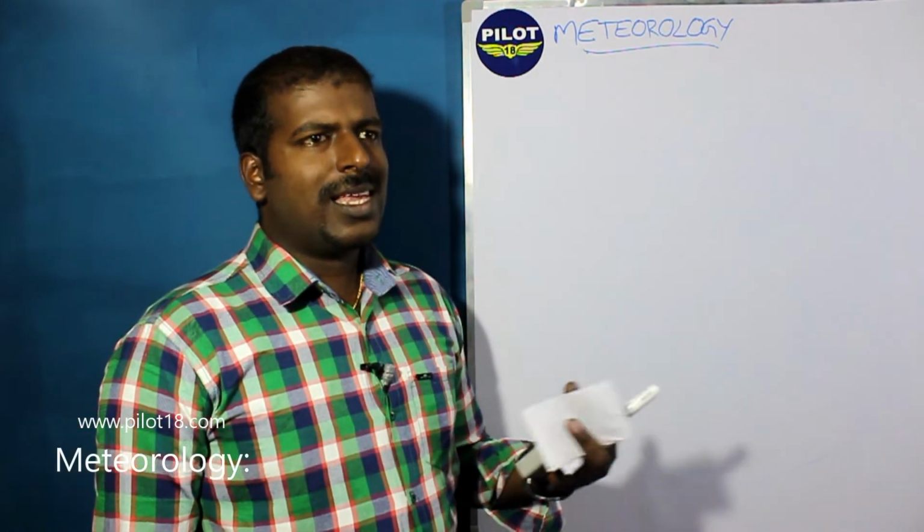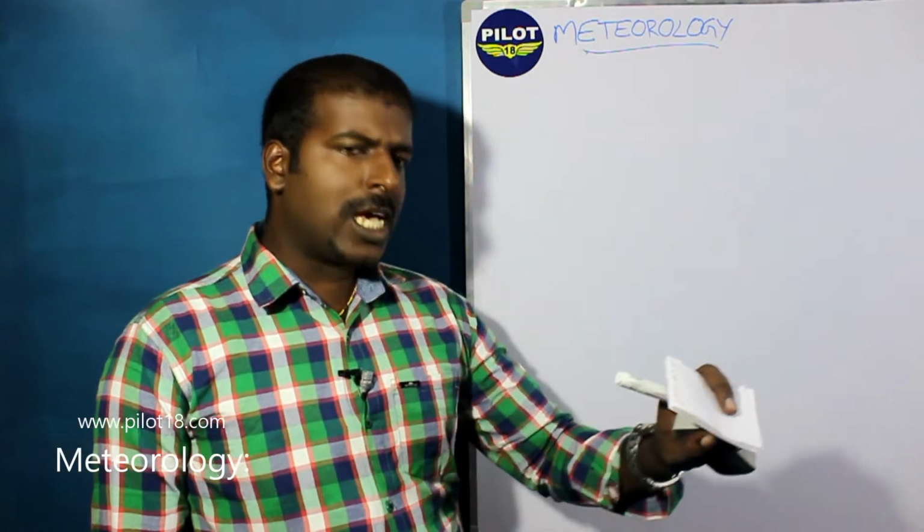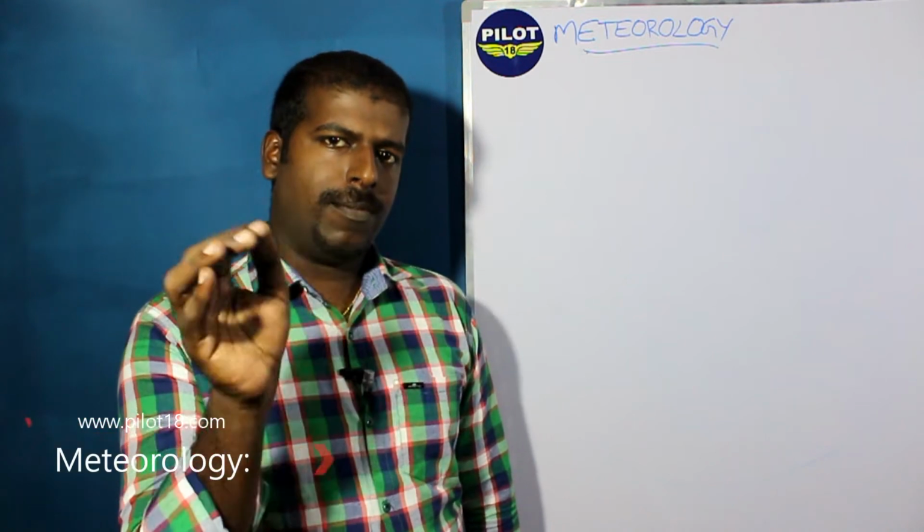Okay. Then comes dry bulb thermometer and wet bulb thermometer. What is that dry bulb thermometer and wet bulb thermometer? When a thermometer is directly exposed to the heat, the ambient temperature, that is a dry bulb temperature thermometer. Okay, it is dry. The mercury part, the bulb part is dry.